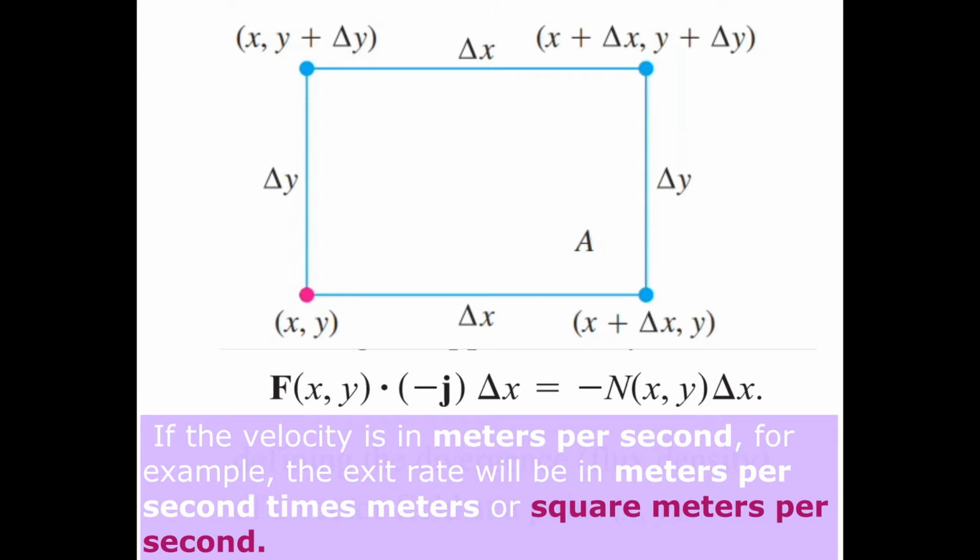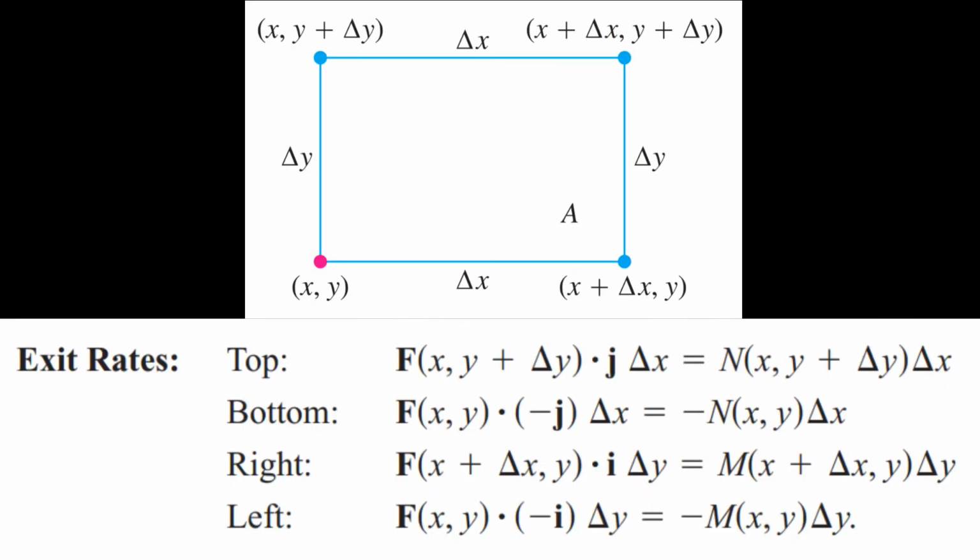The rates at which the fluid crosses the other three sides in the direction of their outward normals can be estimated in a similar way. So on the top face we have F(x, y plus delta y) dot j delta x, which is equal to N(x, y plus delta y) delta x. Along the bottom face we have already evaluated.